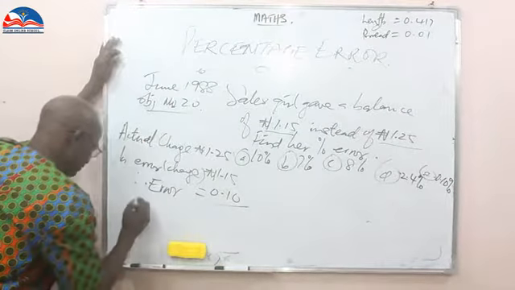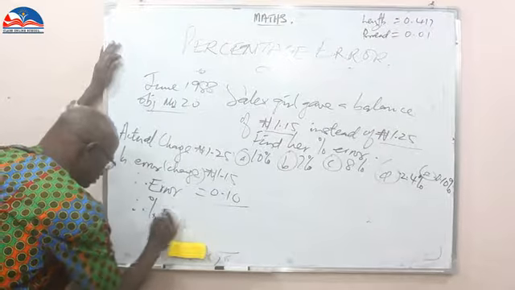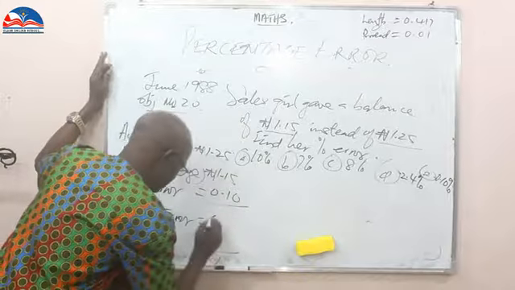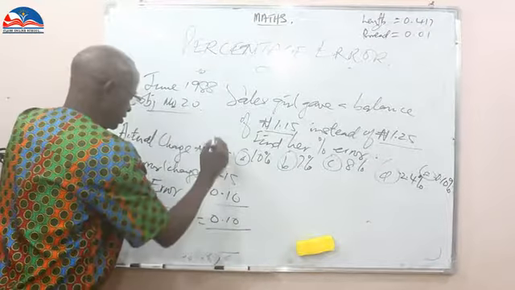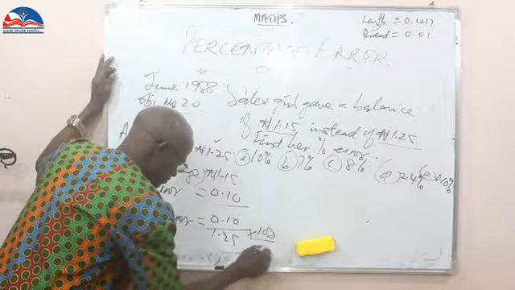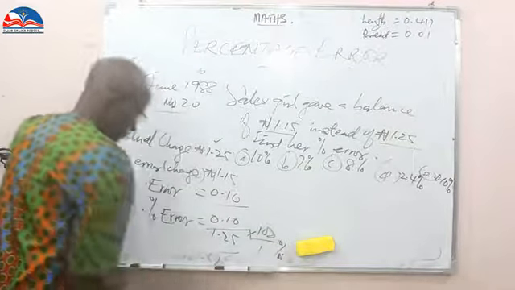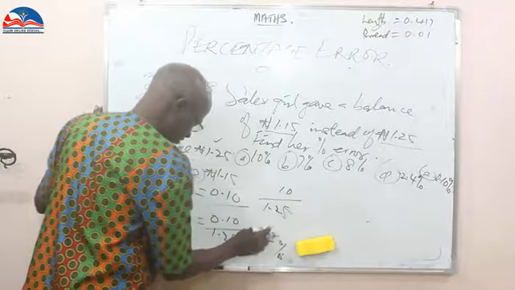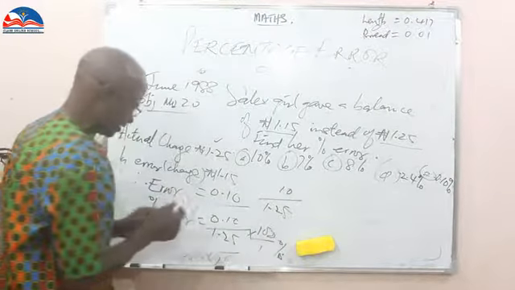Now convert to percentage. Therefore the percentage error, because the mistake she made is 0.10 over the actual 1.25 times 100 over 1%. To make it easy, it is just 10 divided by 1.25, because when you times by 100 you move the point.